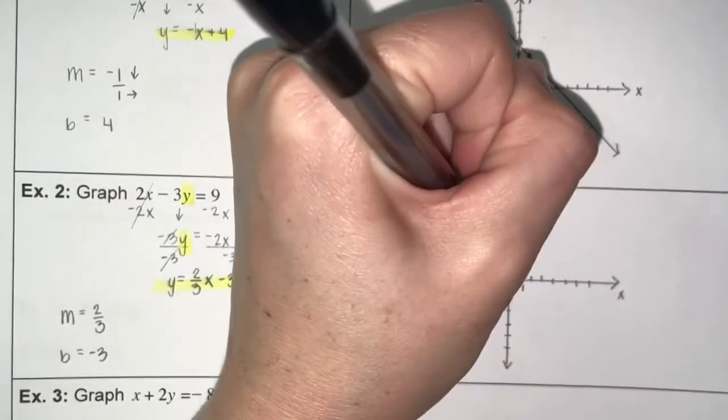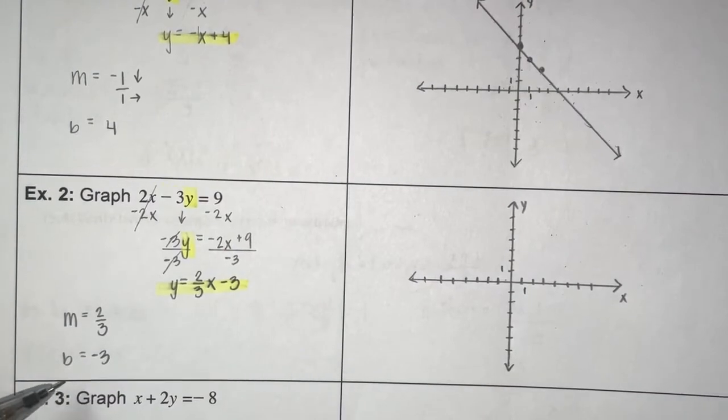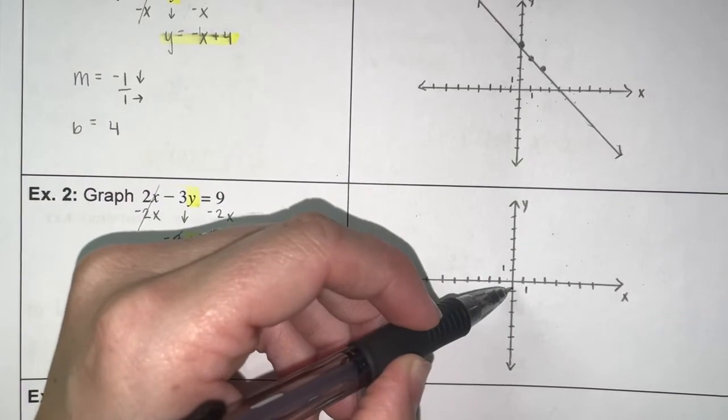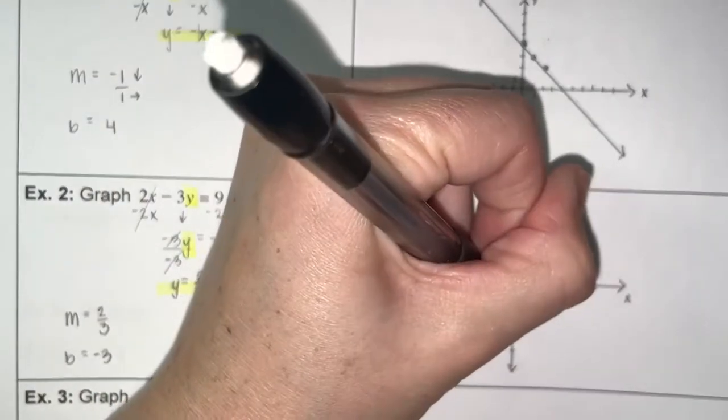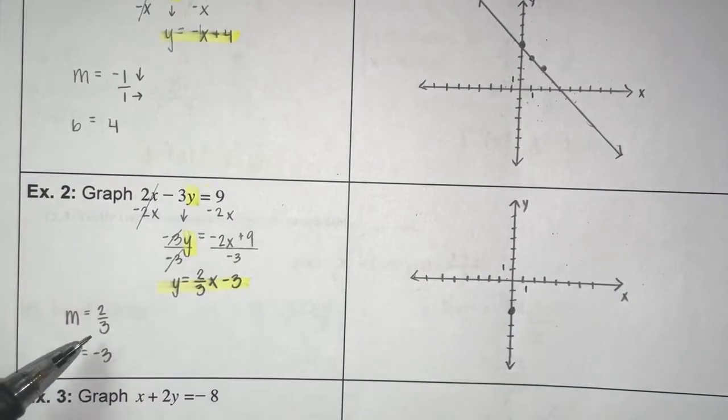And then each tick mark is going to be worth 1 unit. So if my b is negative 3, that's where I'm starting on the y-axis. So on the y-axis, I have to go down 1, 2, 3 to 0, negative 3, and make a point there. And then my slope is 2/3.